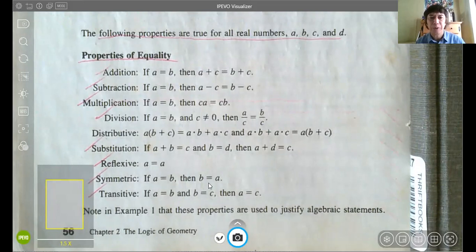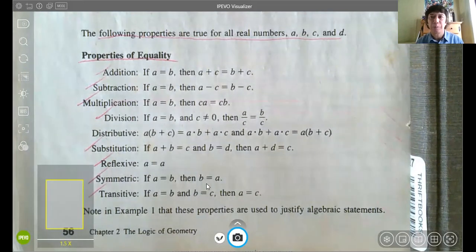So we're going to be using this property in proving algebraic statements first. And then we'll go to geometry, which will include figures, diagrams, and definitions, postulates, theorems. Now, those are the statements that we'll be using in geometry.